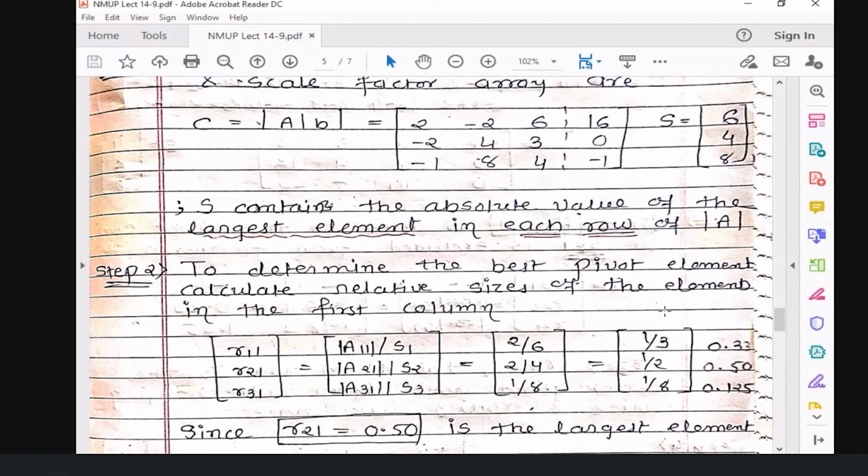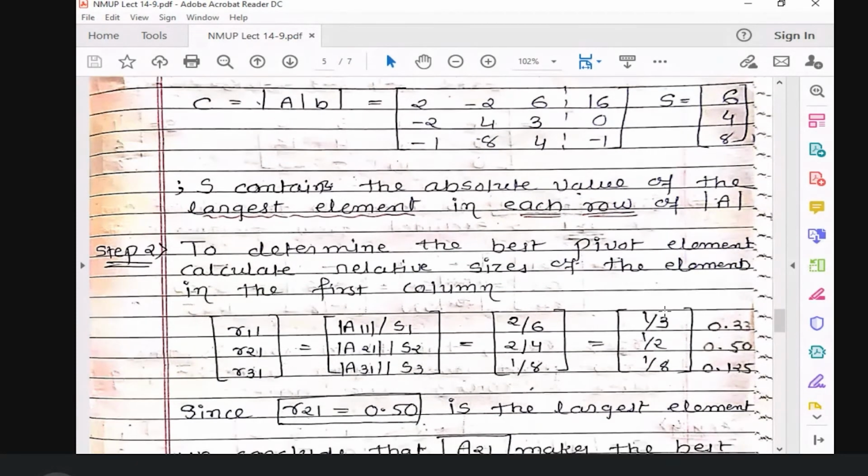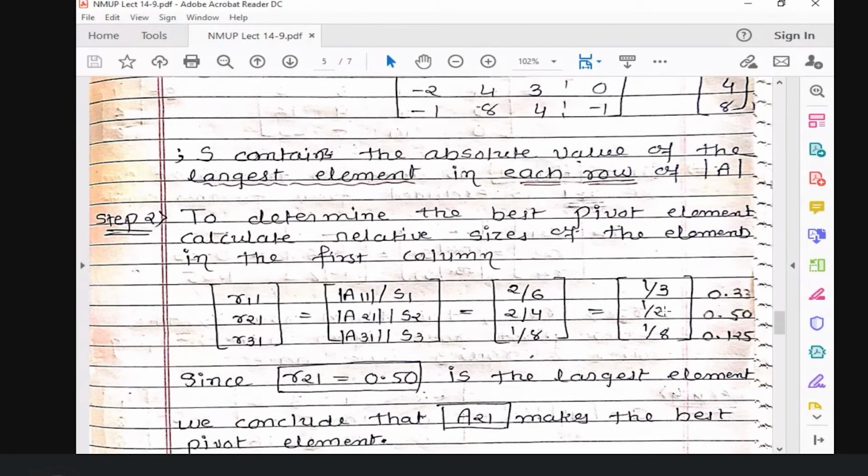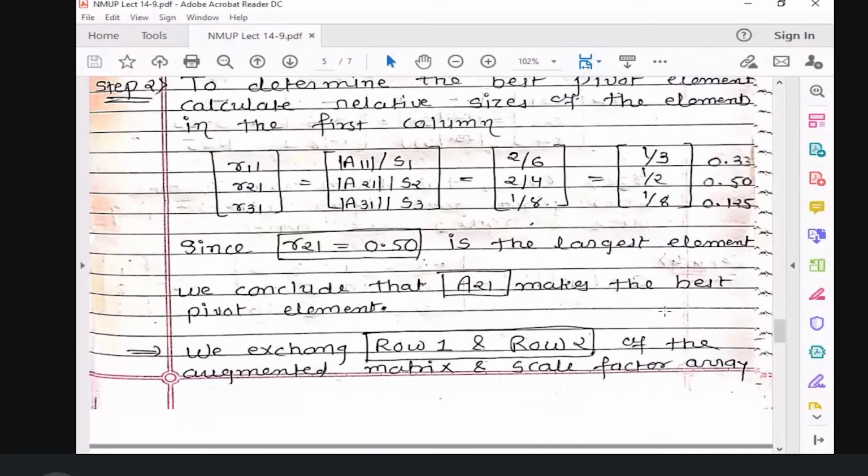So over here, we got the three values R11, R21 and R31, which are equal to 0.33, 0.50 and 0.125. Now out of these three values, which one is the largest element? R21, so that we have to take as the ID. So we conclude that R21, it means A21, makes the best pivot element. And with the help of that, we'll do the exchange of row 1 and row 2.